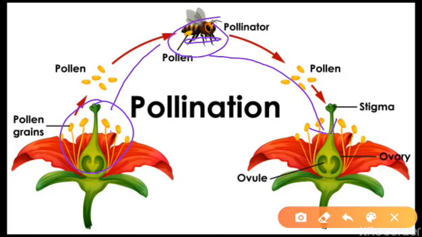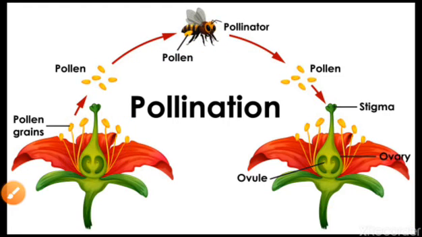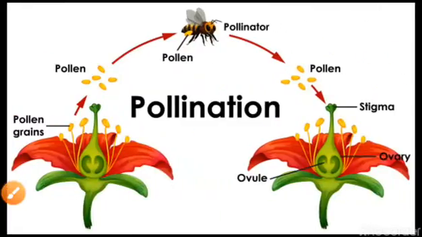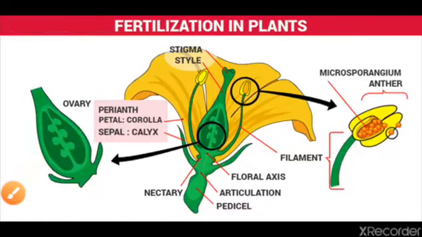The pollen grain will fall on the stigma and then move down for fertilization. So the next topic is fertilization.